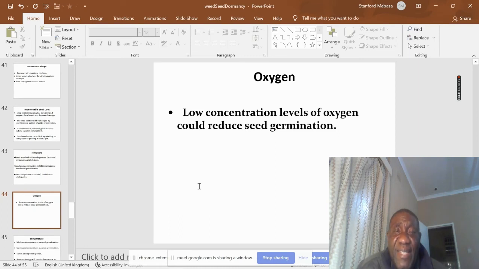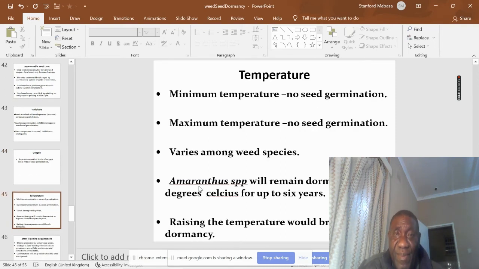Then oxygen: low oxygen or low concentration levels of oxygen can also reduce germination in the soil. Temperature is important. We have a minimum temperature where no germination can take place, and a maximum temperature where no germination can occur.